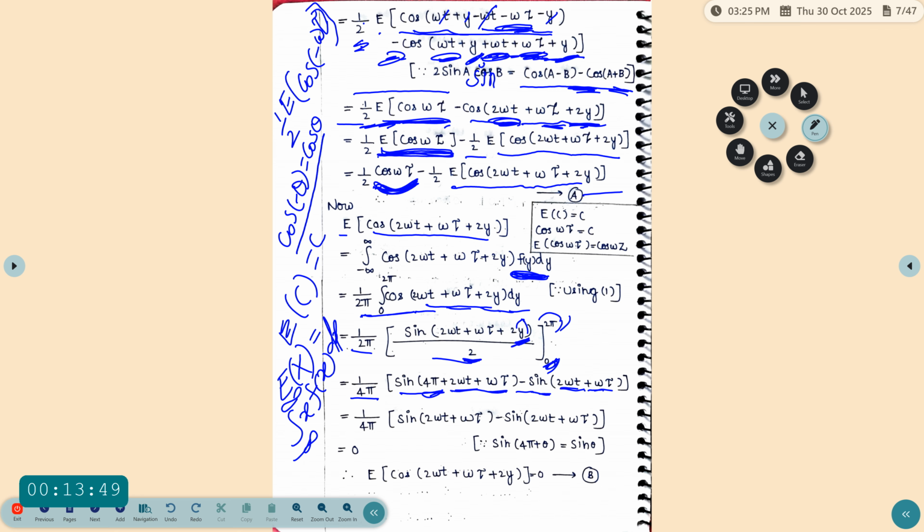That is equal to 1 by 4 pi into sin 2 omega t plus omega tau minus sin 2 omega t plus omega tau, because sin of 4 pi plus theta is sin theta. Here opposite signs exist, so we get expectation of cos 2 omega t plus omega tau plus 2y value is 0. So substitute this value in equation number A.